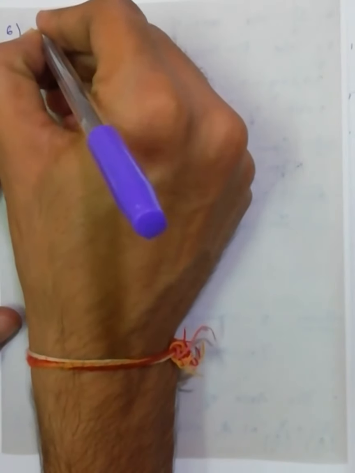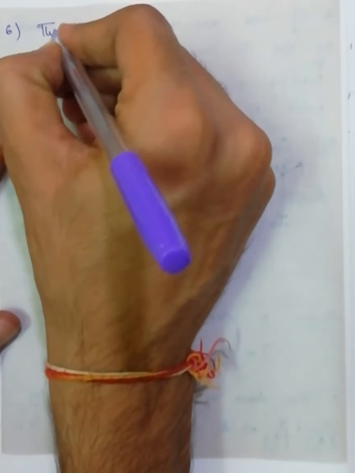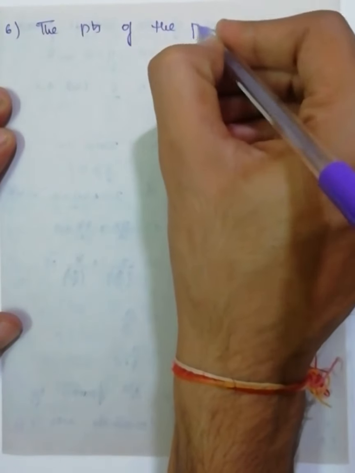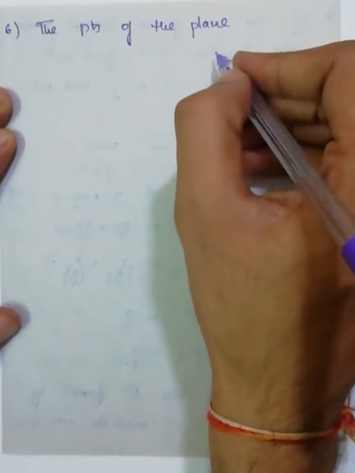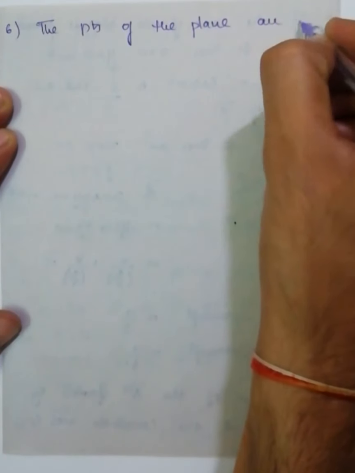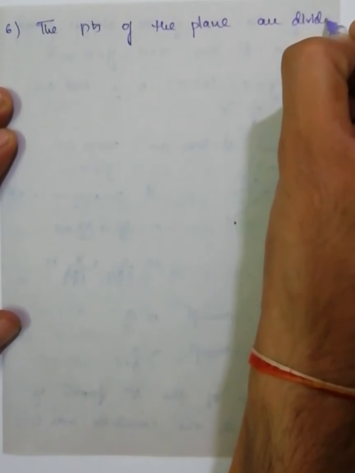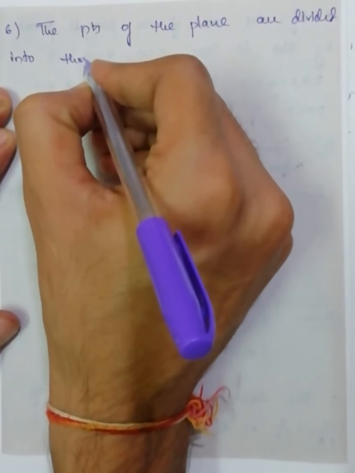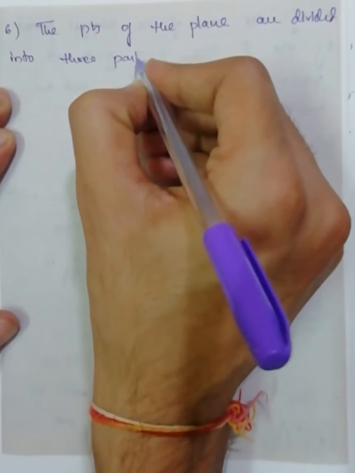Sixth one, the points of the plane are divided into three parts.